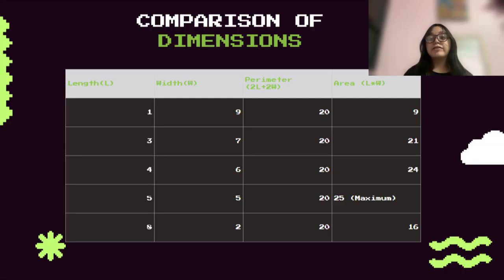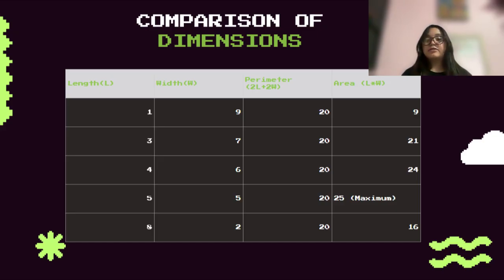To verify our solution, we compare different rectangles that all have the same perimeter of 20 units. Using the perimeter formula, P equals 2 times L plus 2 times W, we tested several pairs of dimensions. A rectangle measuring 1 by 9 has an area of 9 square units.